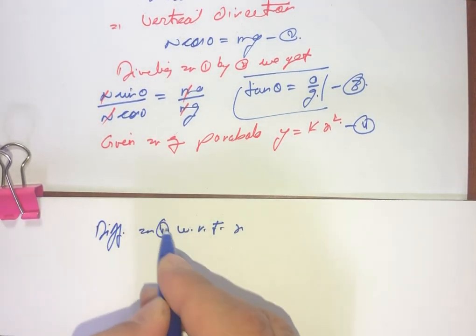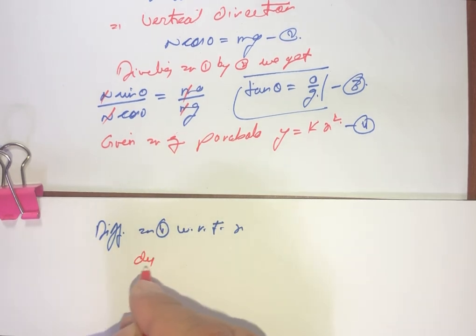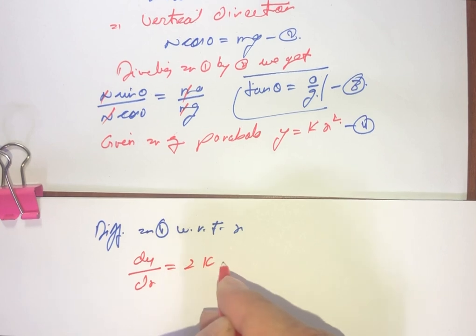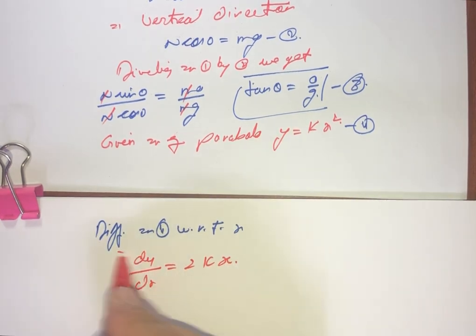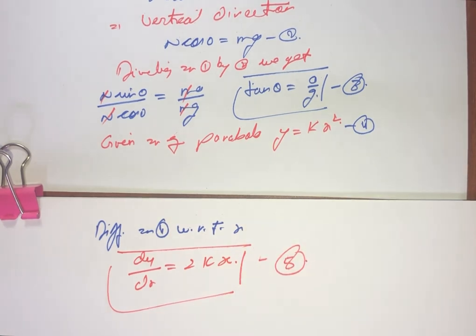Differentiating equation 4 with respect to x, we get dy by dx is equal to 2kx. This is equation number 5.